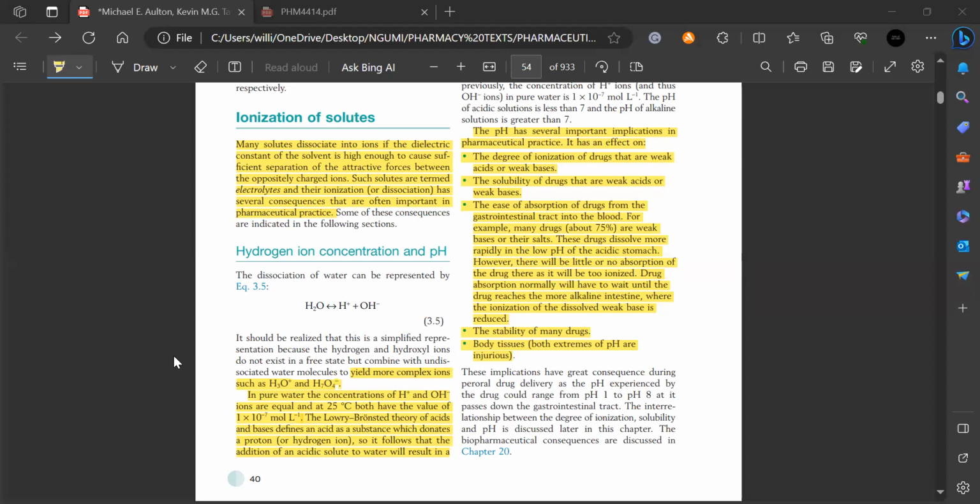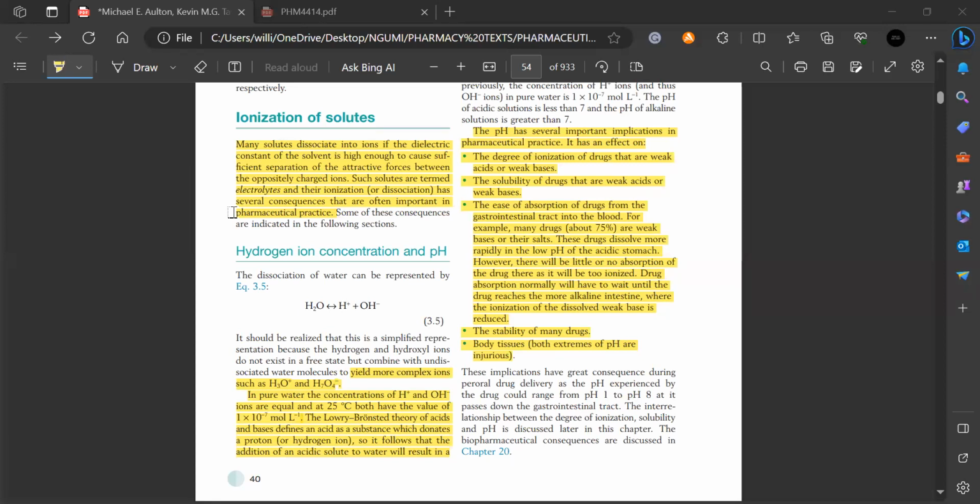Such solutes are termed electrolytes, and the ionization or dissociation has several consequences that are often important in pharmaceutical practices. Yeah, I think that's just self-explanatory.